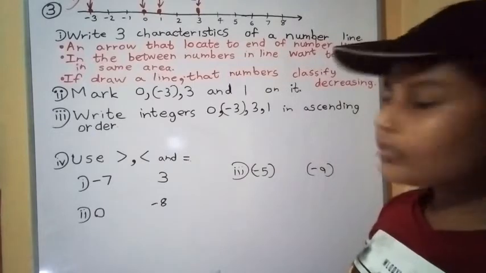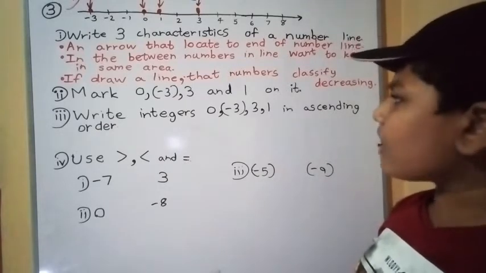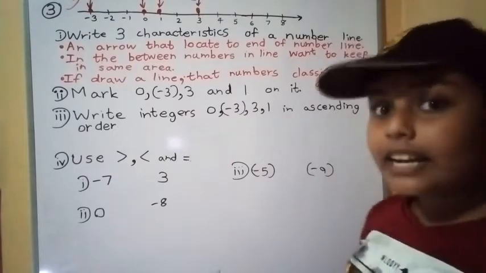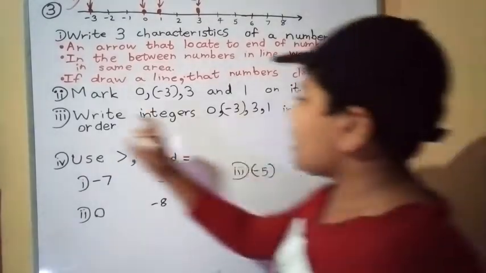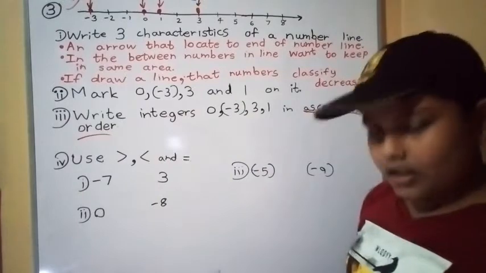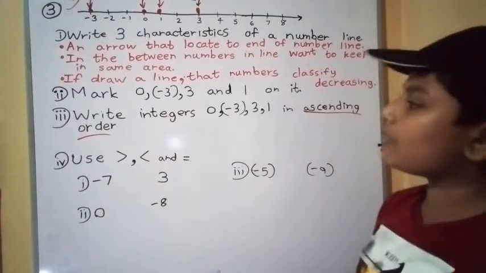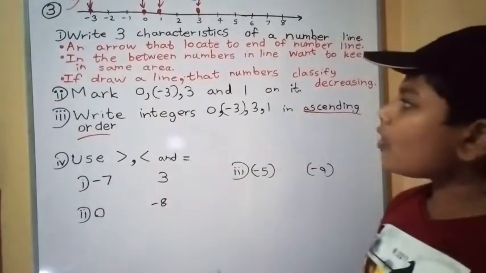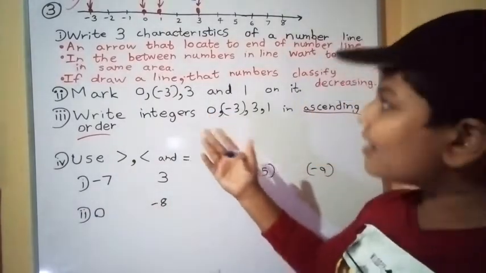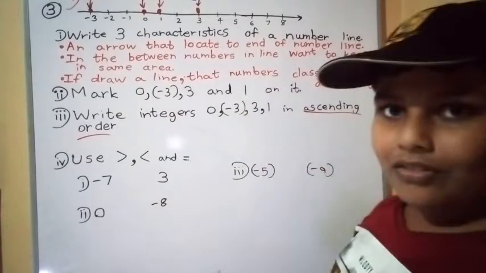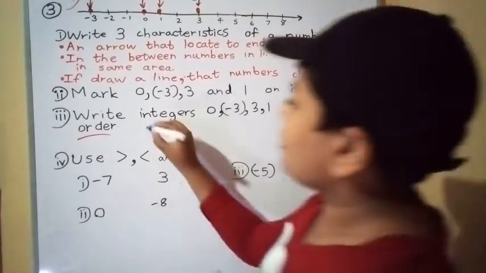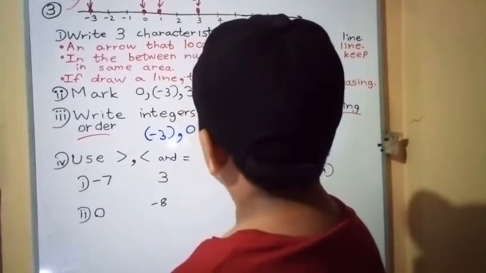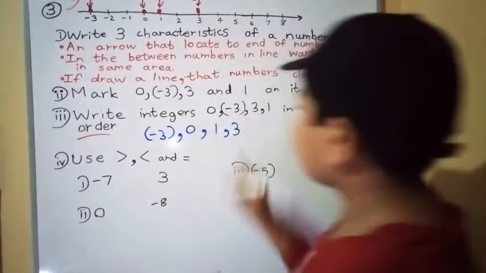Now, what is the third one? Write integers 0, -3, 3, 1 in ascending order. Ascending order. Now, you look at their points. Now you can write like their instructions: -3, 0, 1, 3.